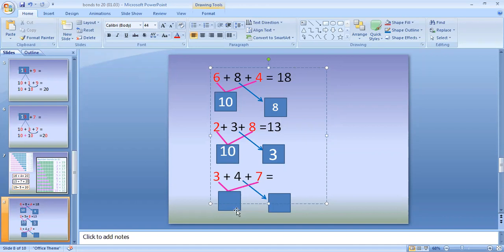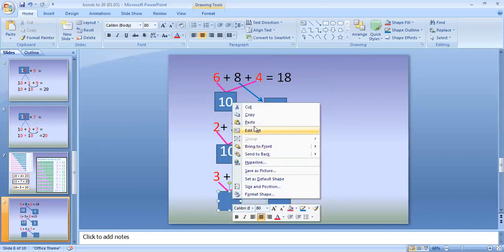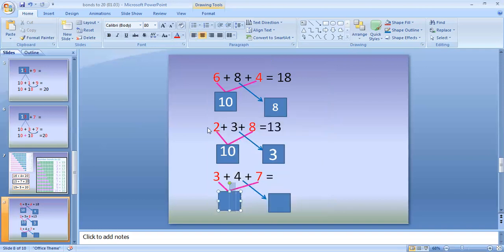Now can you find the answer for this and tell me? Yes, teacher. 3 plus 7 is 10.